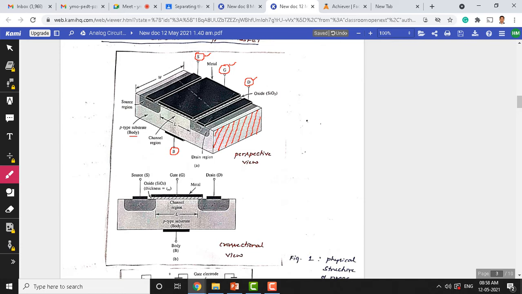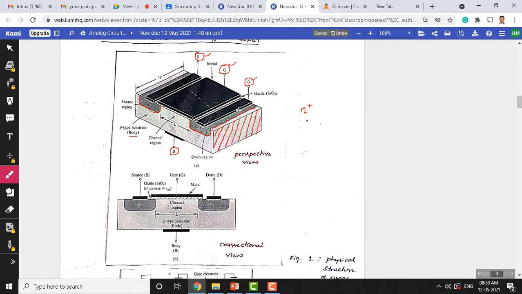Within the P-type substrate we add two regions. One is the source region, as I am showing here. Two N plus regions are diffused. N plus stands for heavily doped. So two N plus regions exist within the P-type substrate, as you can see in the 3D view.